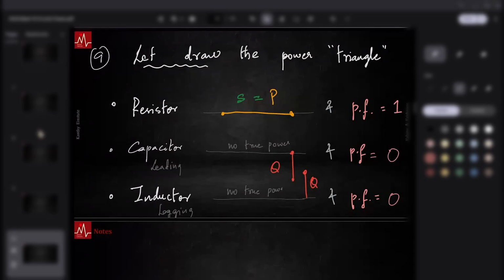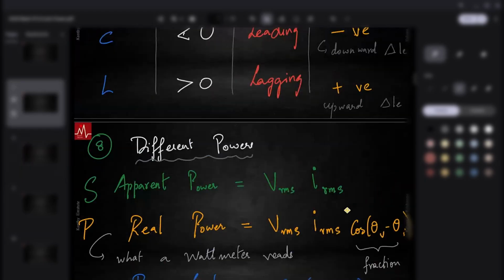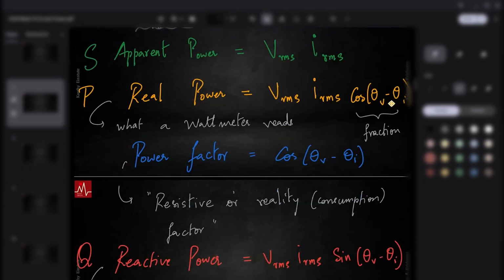I'll just do warm up questions and we'll proceed. But does this make sense logically, deductively, from how I defined it? So the phase difference is plus or minus 90. This term is 0. Sine of that will be plus or minus 1. That's it.